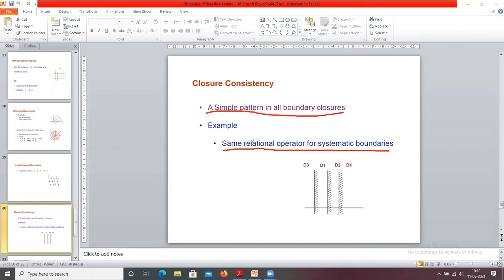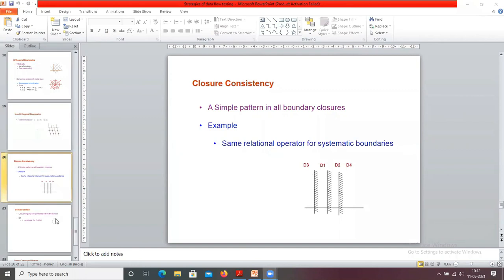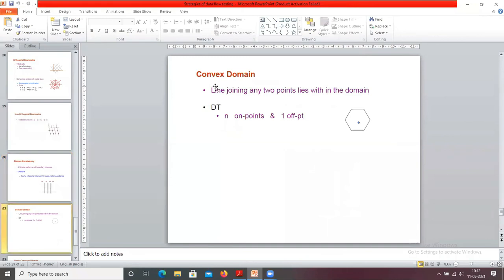And the next one is convex. A convex domain is one where a line joining any two points lies within the domain. This is the diagrammatic representation. For domain testing, n equals n on points and 1 off point.